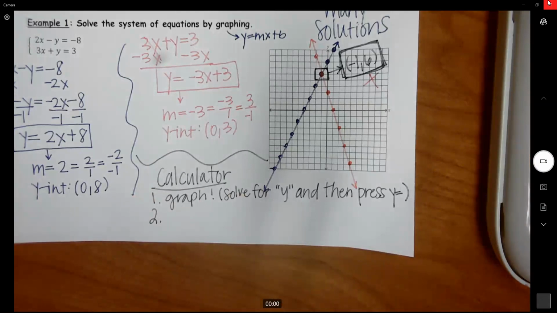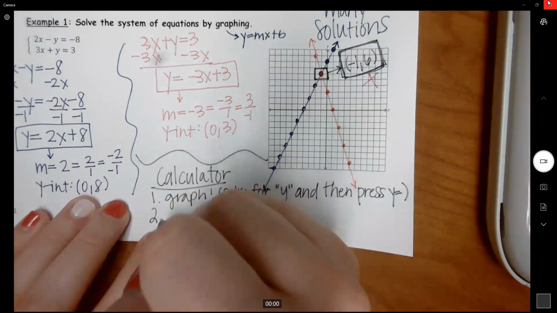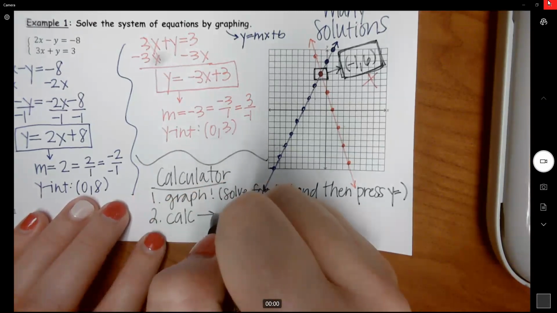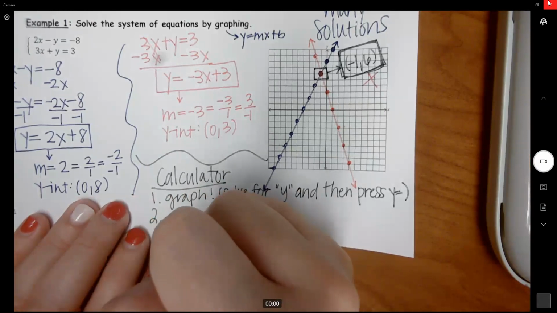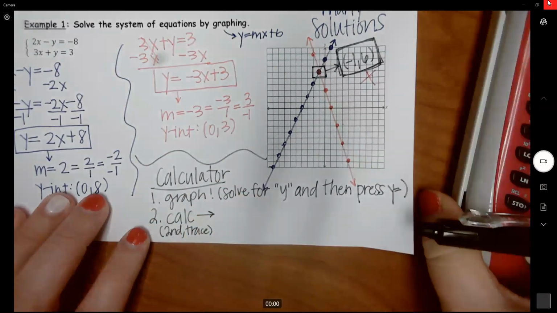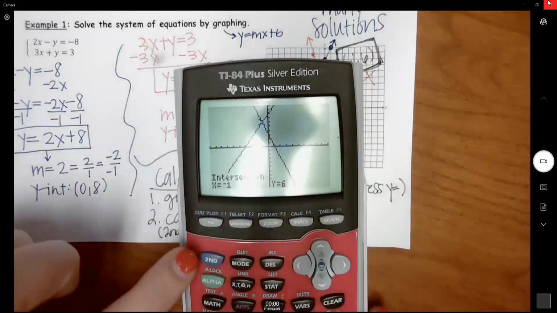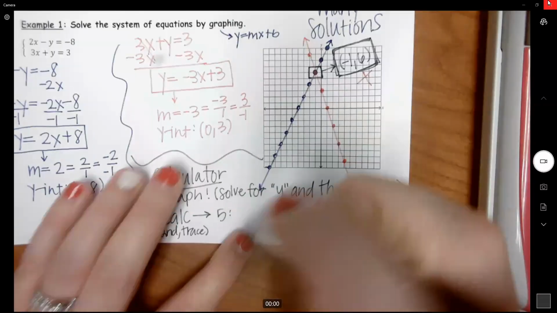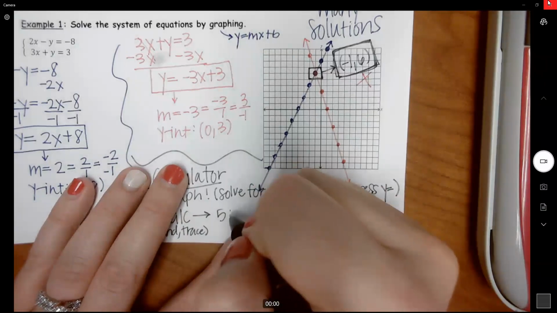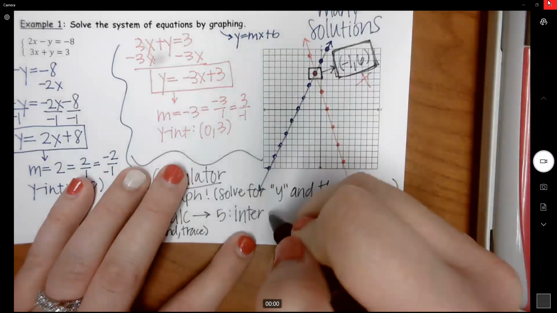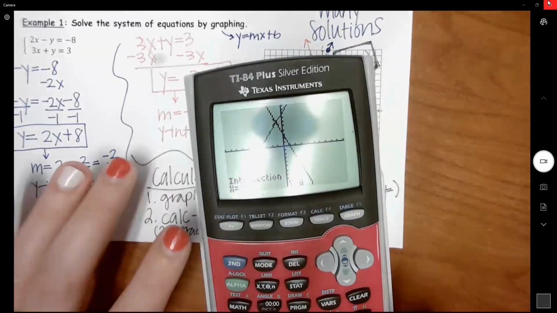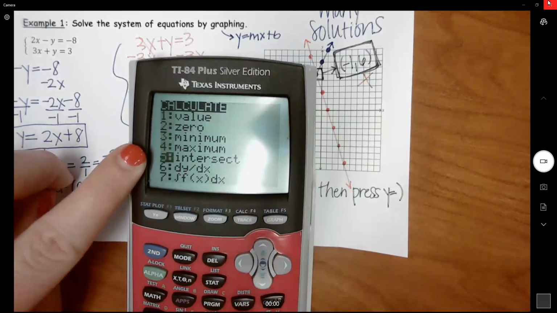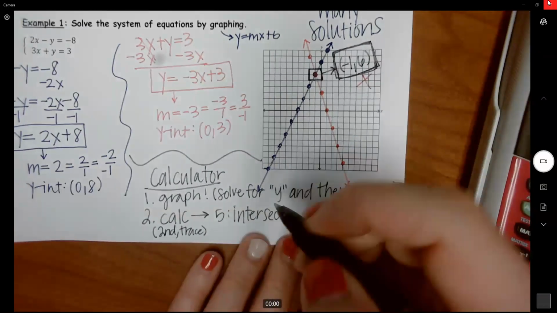Okay, once you have it graphed, then you will go to calc, which you get to by hitting second, then trace. So to get to calc, you go second, trace. And then you will go to 5, which was intersect. So when we hit second calc, we went down here to 5 intersect.